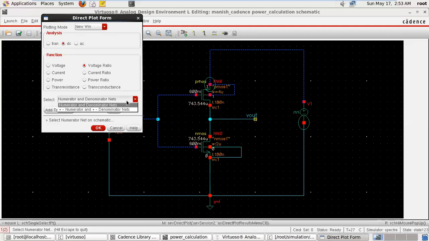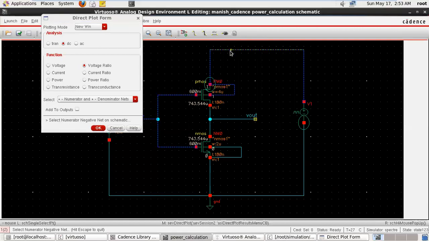Okay, if we select the positive and negative terminals, it requires four terminals: positive and negative terminal for the numerator and positive and negative terminal for the denominator. So when we are selecting this, it says select numerator positive node. Suppose this is my numerator positive node.